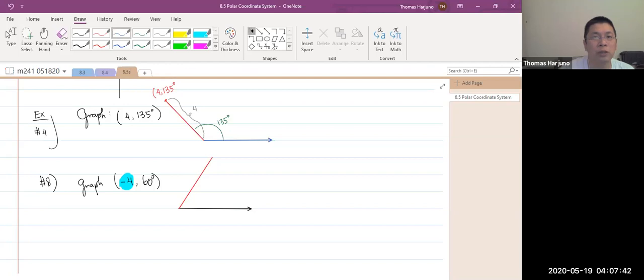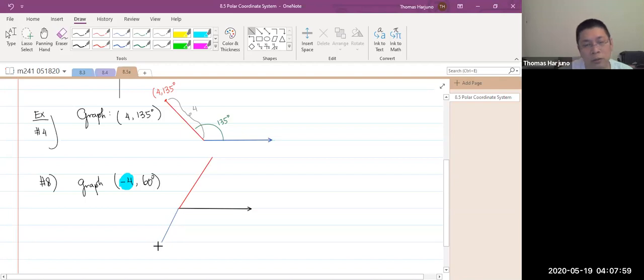Instead of going in that direction, I go in this direction here. So this is the 60 degrees, right?